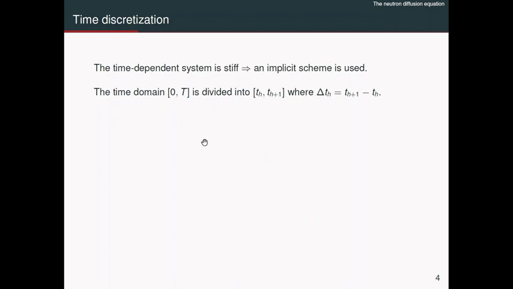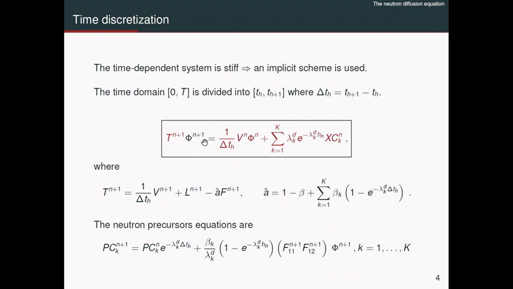In this work, the time domain is divided into several time steps, and where we apply a discretization of first order, we obtain that to approximate the flux at time n+1, we need to solve this linear system where the matrices are given by this expression, and the neutron precursors are updated by using this expression. So the objective of this work is to propose a methodology to compute efficiently this linear system.